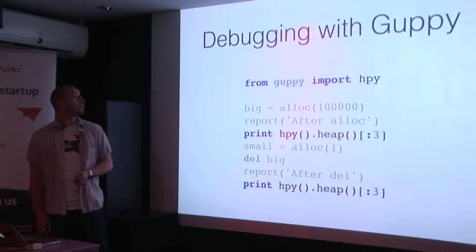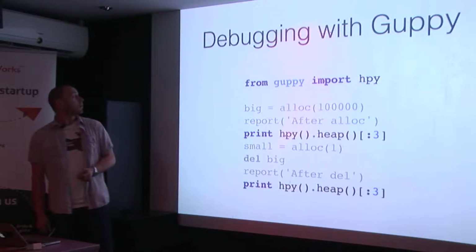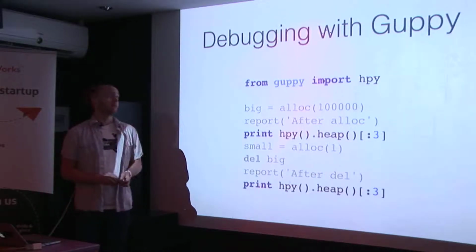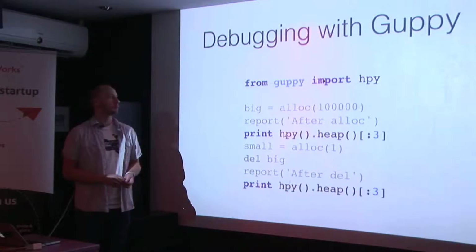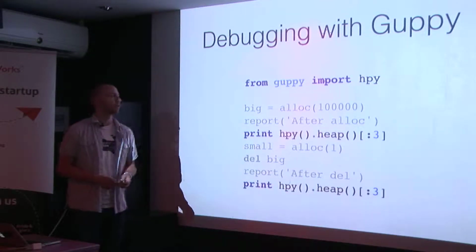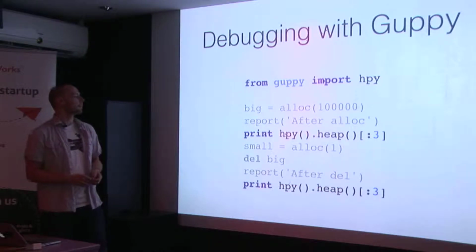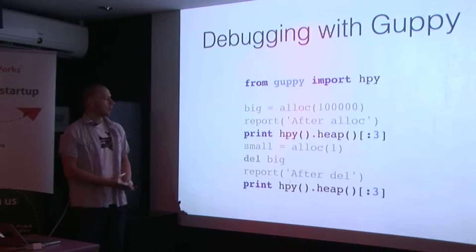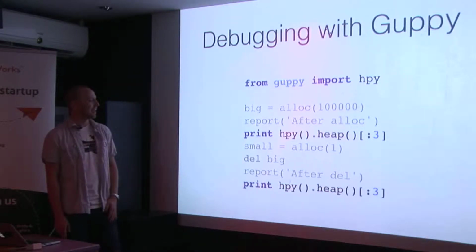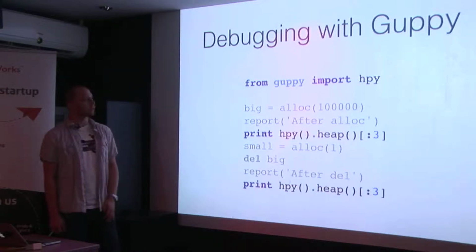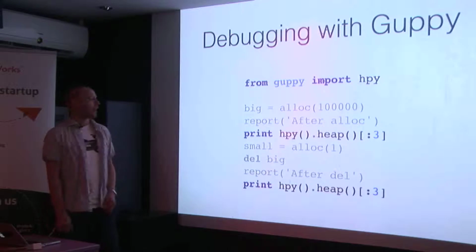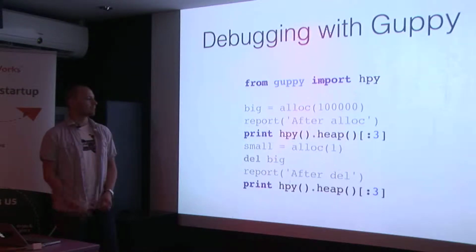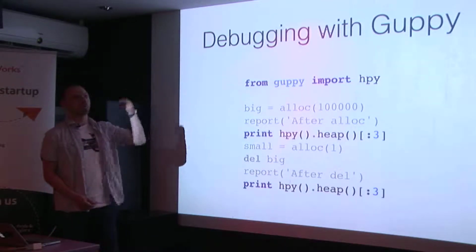So how do you use Guppy? You import hpy. That's how the documentation says to pronounce it, "hippie." So you import hpy, and then you ask hpy to create a snapshot of your heap, and then you take the topmost objects.